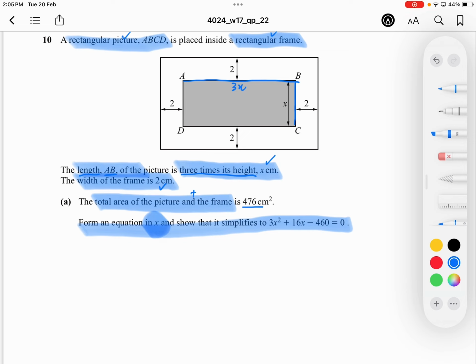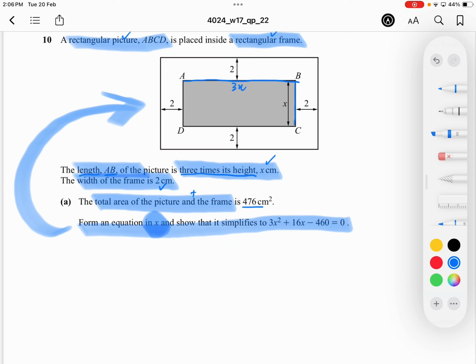Now, what is the clue? X. Is there an X in the diagram? Yes. That means it is related. It's related. So which word do we have with a calculation that would somehow make that equation?